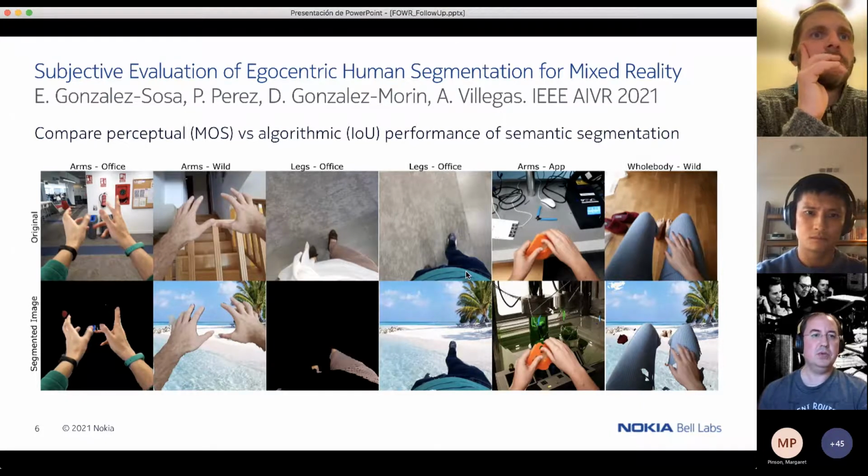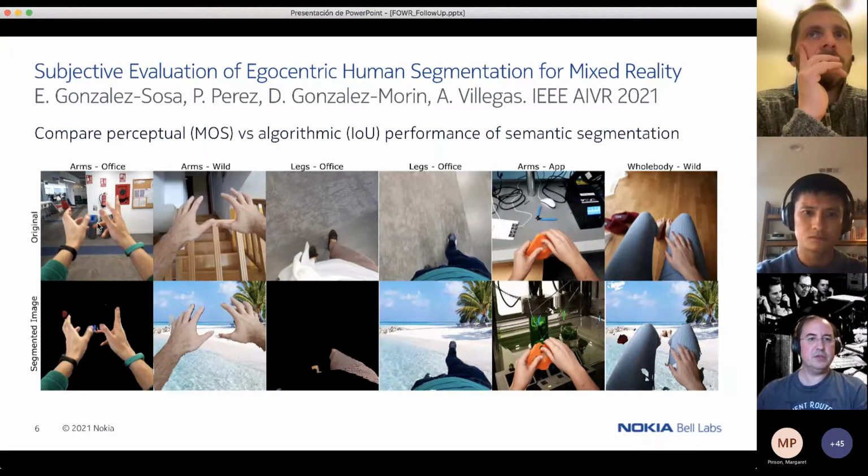In this particular experiment, we wanted to compare the perceptual performance of semantic segmentation algorithms with the typical algorithmic performance, which is the intersection over union, among other metrics. It has also been presented at the IEEE AIVR conference a couple of months ago, and you can find the details, or I can send you the paper if you are interested.